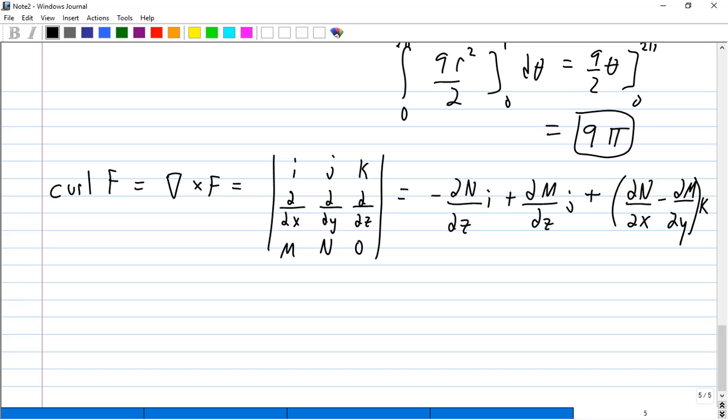So what that means is that once we apply Green's theorem, we have this here.